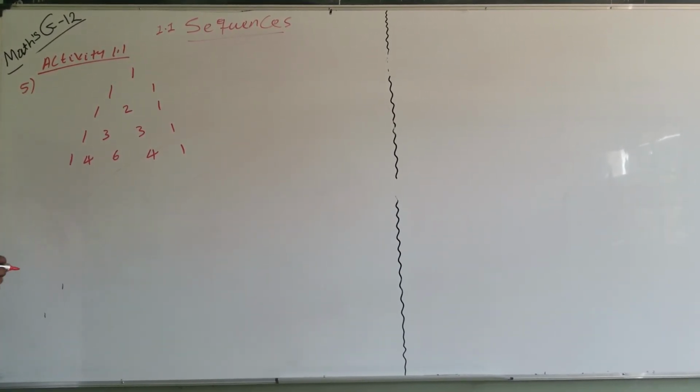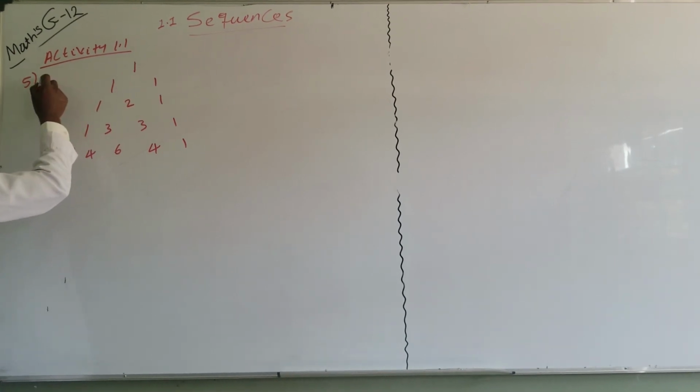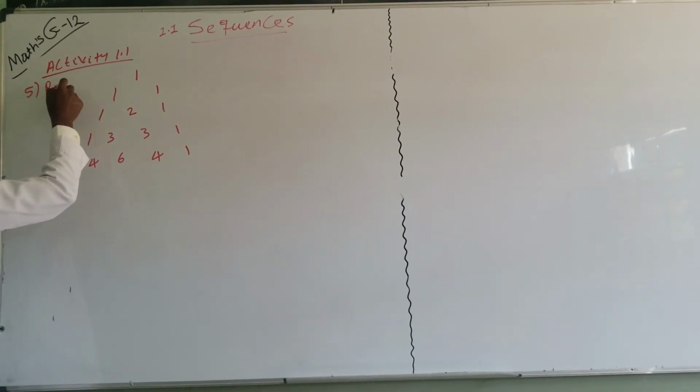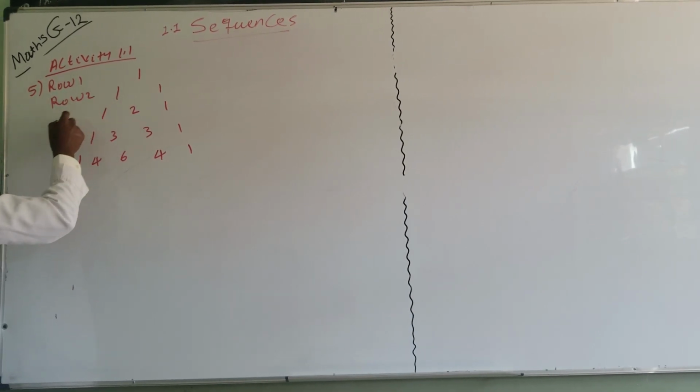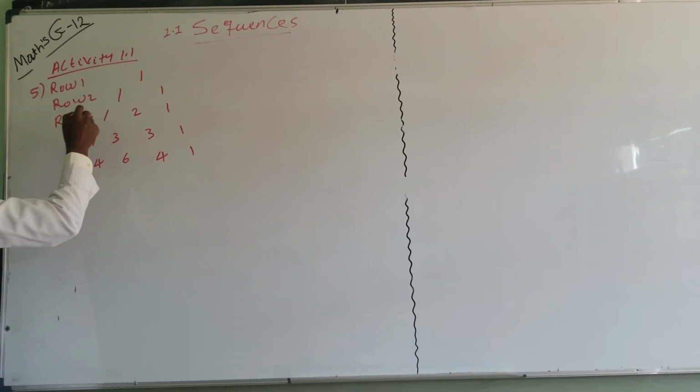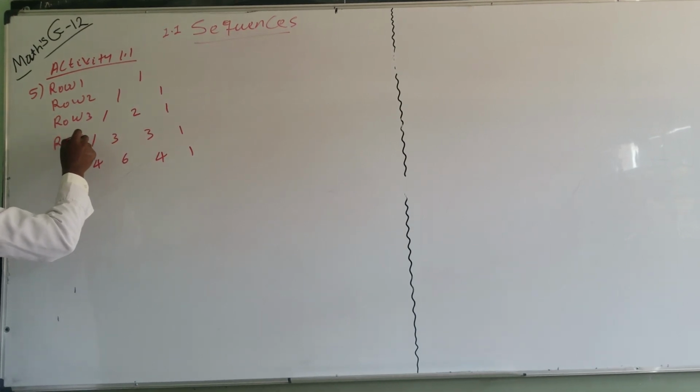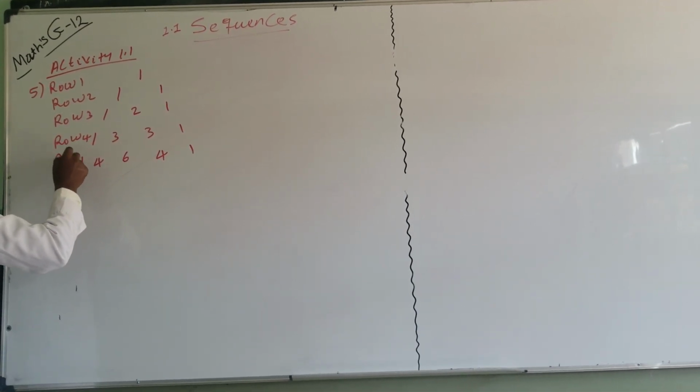Then row 1, row 2, row 3, row 4, and this one is row 5.